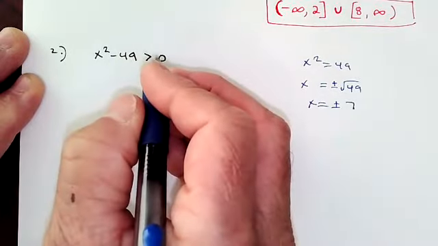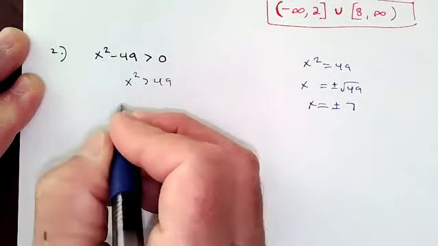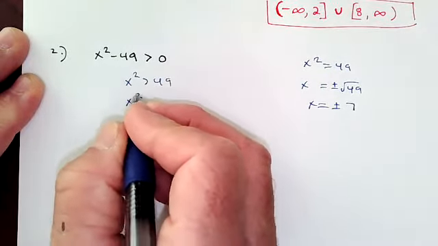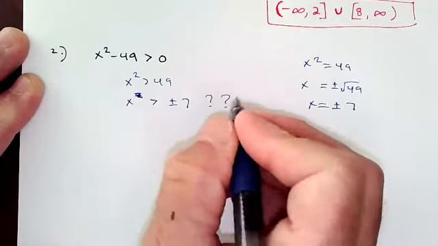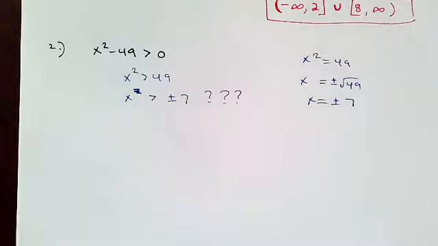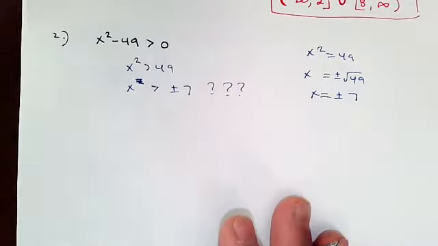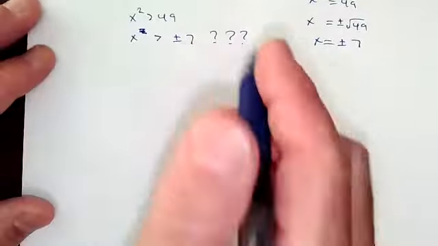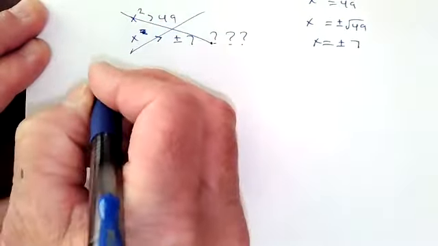If you try to do that here and say x squared is greater than 49, and then try to say something weird like x is greater than plus or minus 7, once again, there's a little bit of an ambiguity. What do you mean? What numbers are greater than or equal to plus or minus 7? So don't want to do that. Instead, for these, you definitely want to factor.